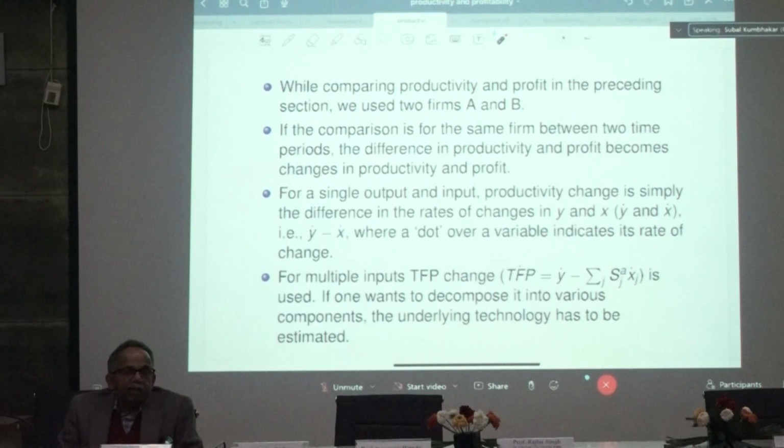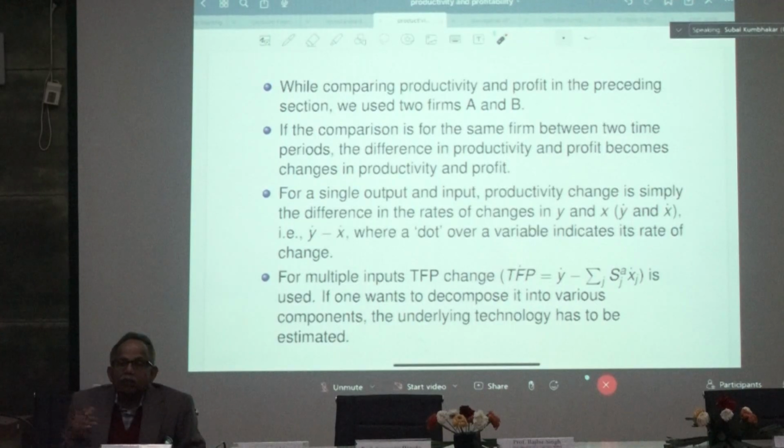So A is the same firm observed at point in time t, and B is the same firm observed after 1 year, so t plus 1 or some other time. So we are looking at the same firm over time. That means we want to see what is happening to productivity over time, because instead of comparing across individuals, we are now looking at the comparison over time.